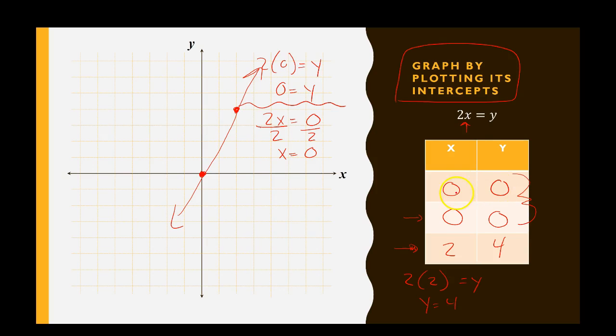My x-intercept would be 0, my y-intercept would be 0, but that's a single point, and I have to have 2 points to make a straight line. So this third point, you could plug anything you want into here for this x and solve for y, just like we did in the table method, the XY table method.